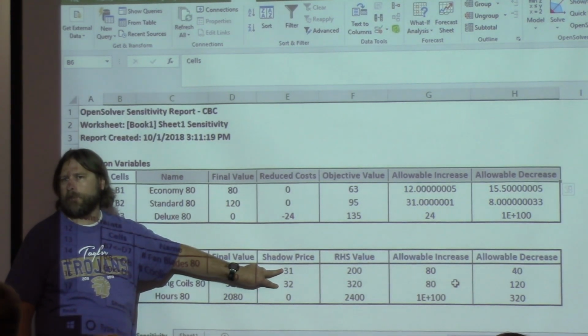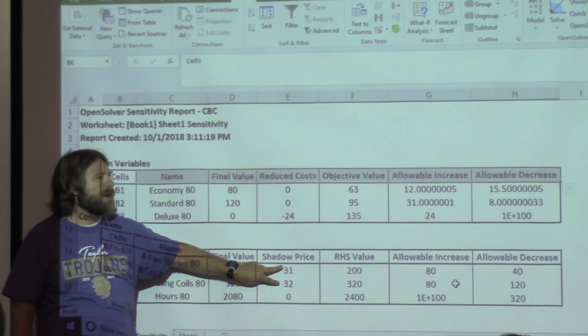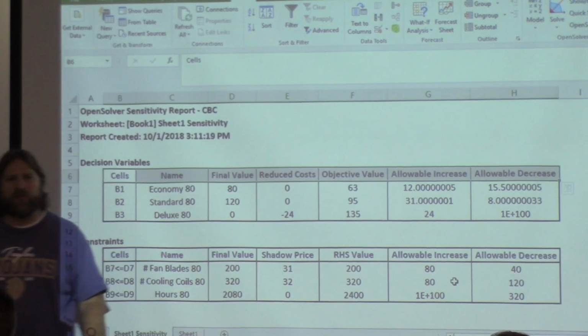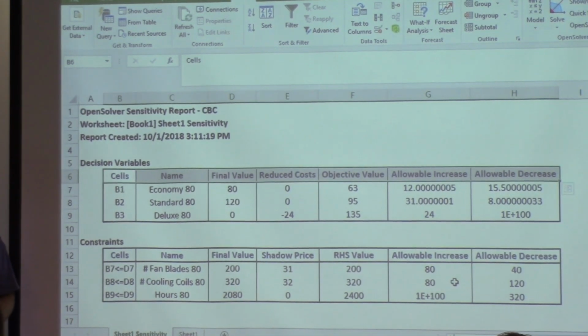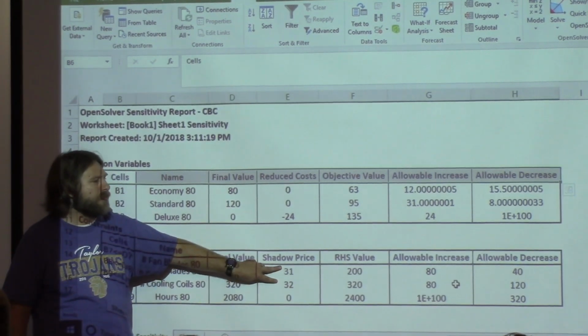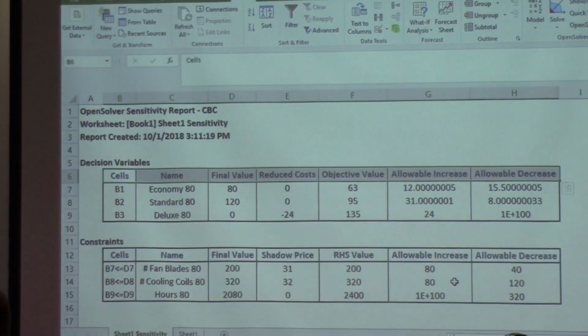Okay? So because they have a dual price, that means that they're binding. There is no dual. We can't move this third one and improve our objective function because it's not binding. So these are binding, therefore they have a dual. This one does not have a dual because it is not binding.